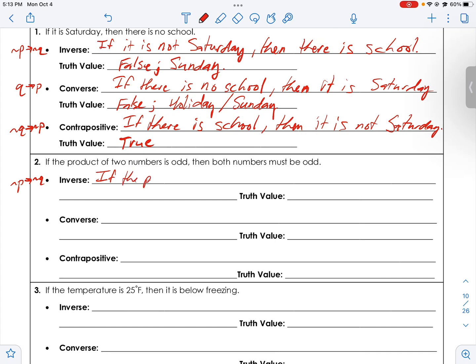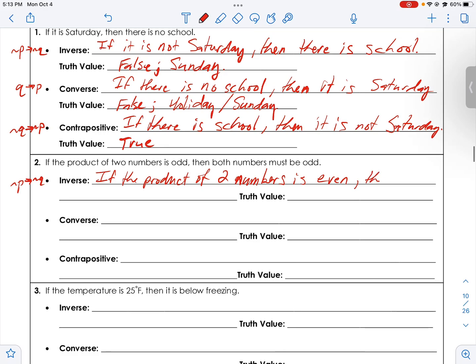So if the product of two numbers is even, the opposite of odd, then both numbers must be even as well.